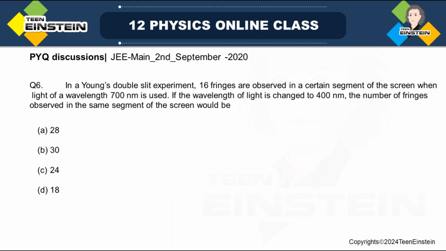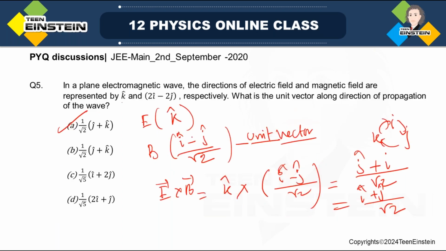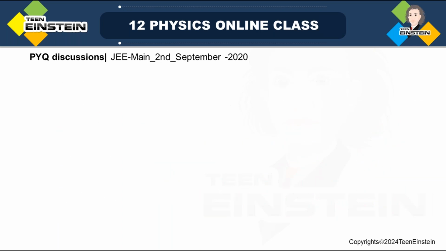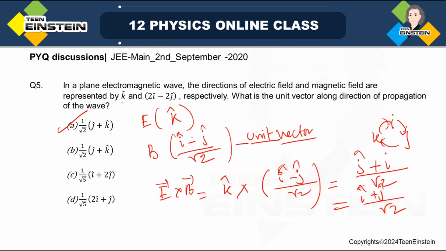Okay, so we'll move on to the next problem. So this problem, I think here I have told you the option. Not jk, I'm sorry, this is ij. I hope there is some mistake in the options.